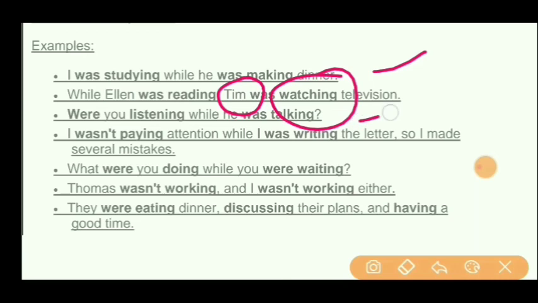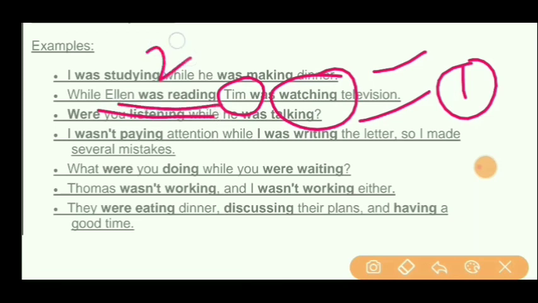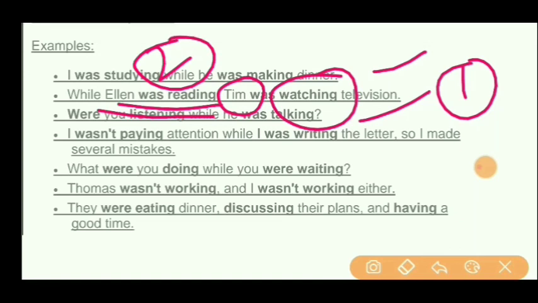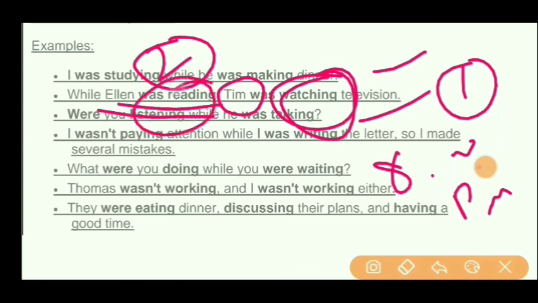This is one action, and here is the second action: while Ellen was reading. But they are happening at the same time. Suppose at 8 p.m. Tim was watching television and Ellen was reading. Same time, 8 p.m., two actions were going on.